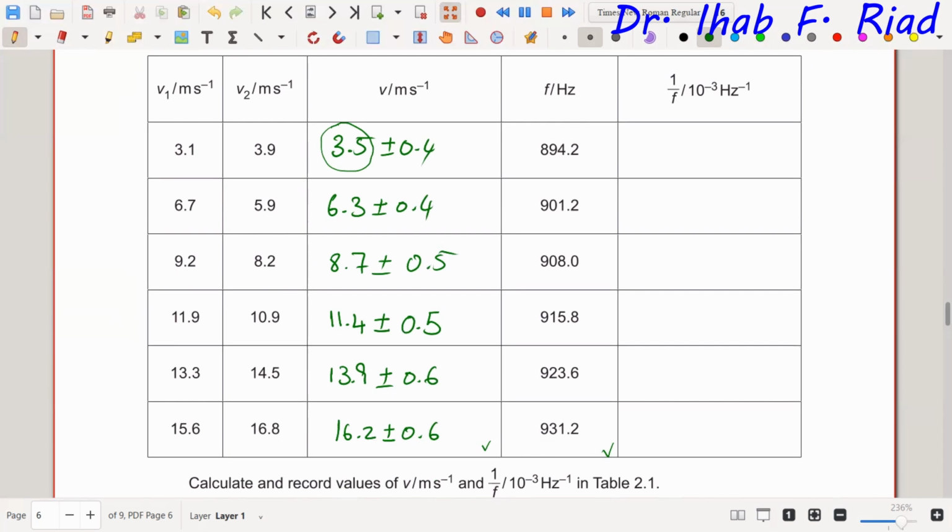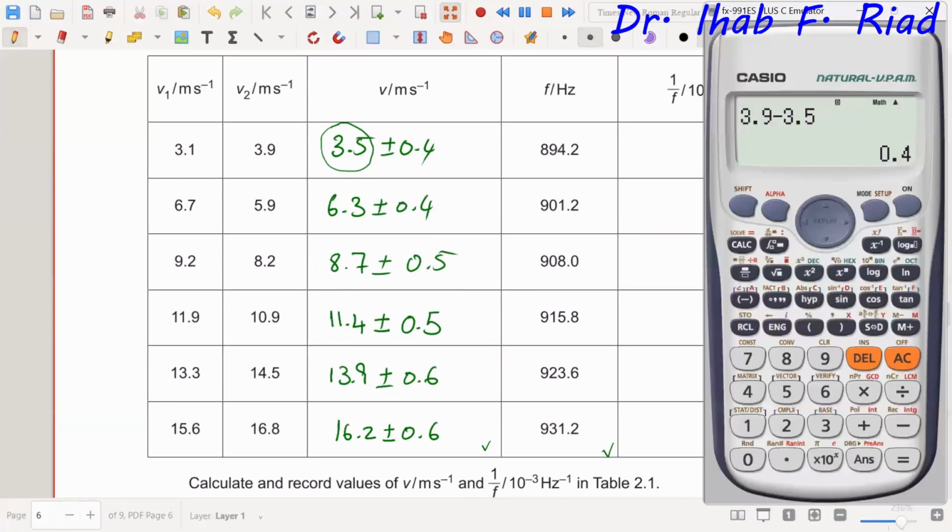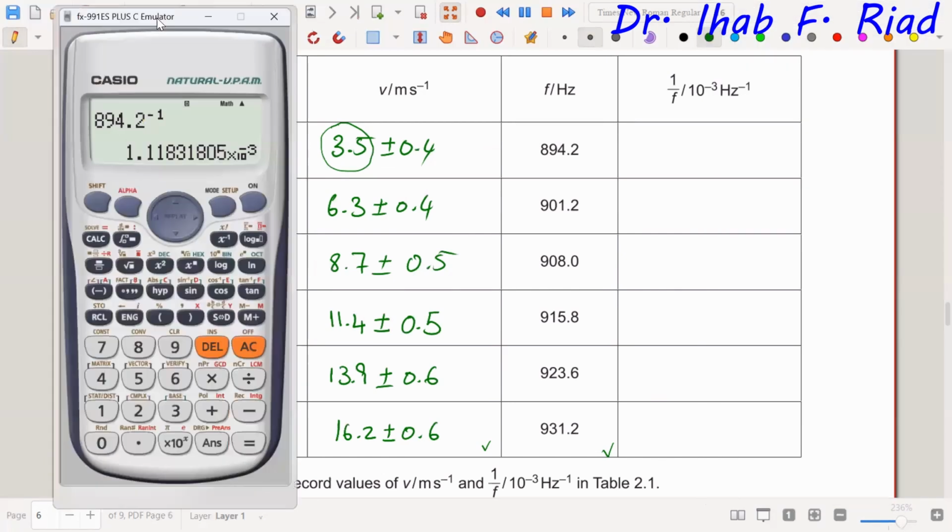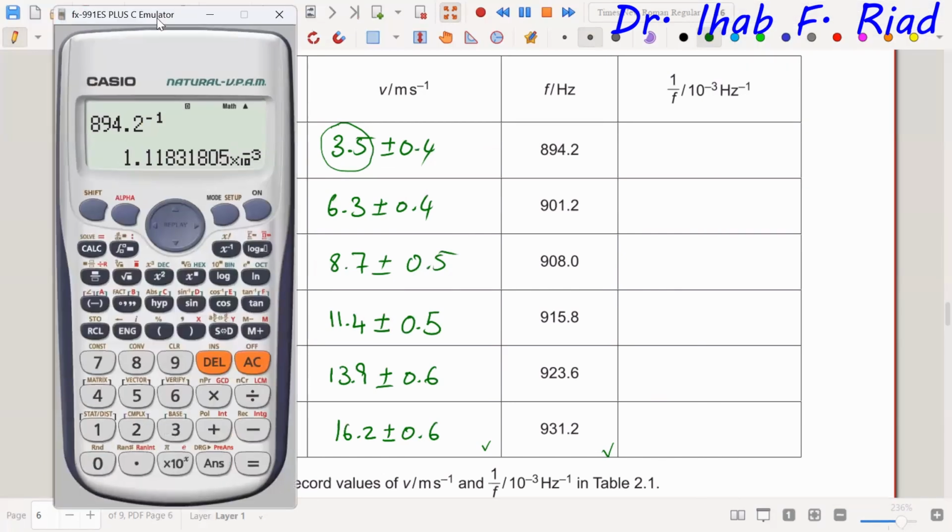Let me show you. Now, what do we have? 894.2. I got the inverse. It says 1.1183 times 10 to the power minus 3, right? Right. Did you get that? Yes.